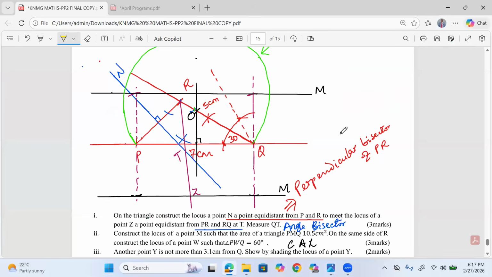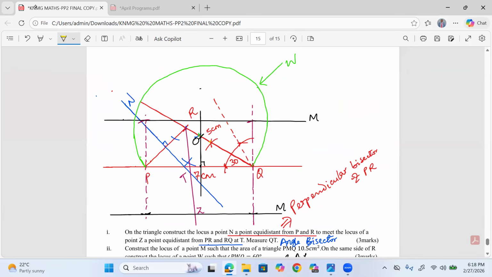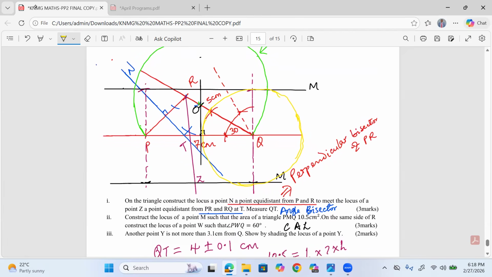Okay. Now using a radius of 3.1, we stand at Q and we make a circle. Like that. So along this circle now, the points there are exactly 3.1, but now we don't need the points of Y to be beyond 3.1.